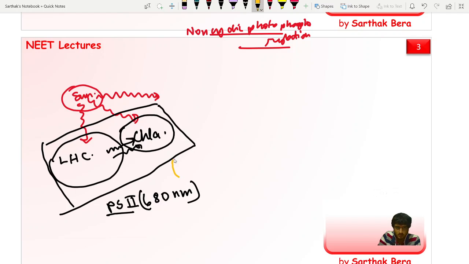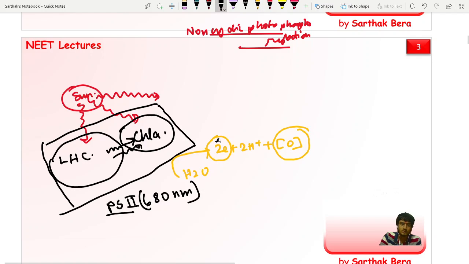H2O splits into 2 electrons plus 2H plus plus O. This O is released as a byproduct as oxygen, remember, and this electron enters this pathway here, and passes to an electron acceptor here.